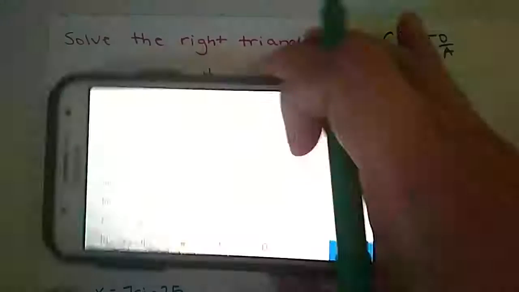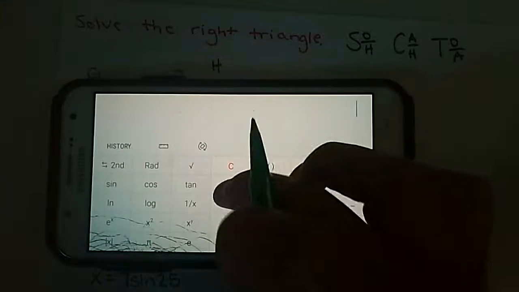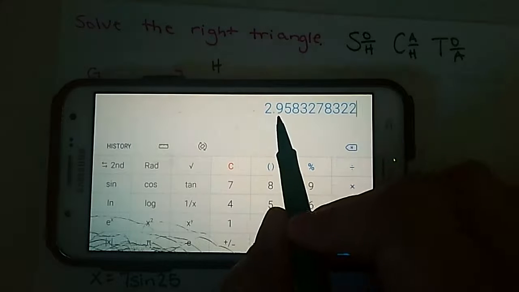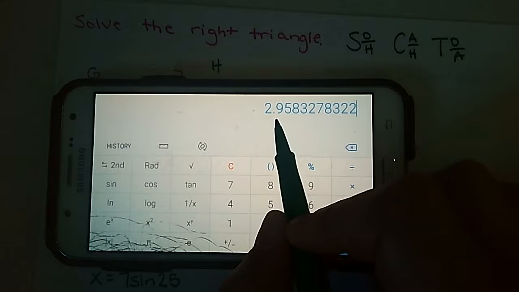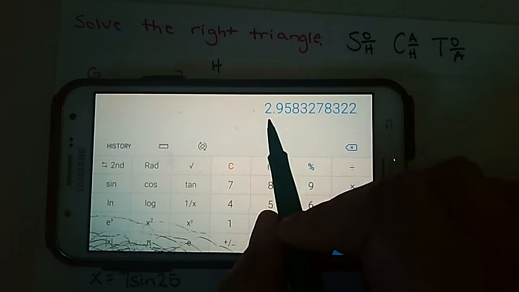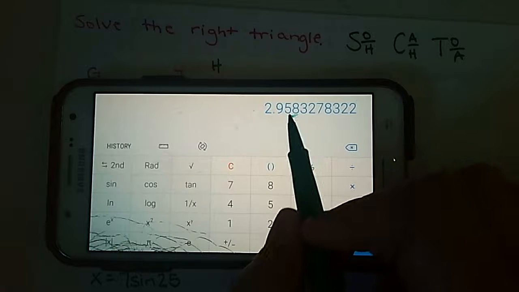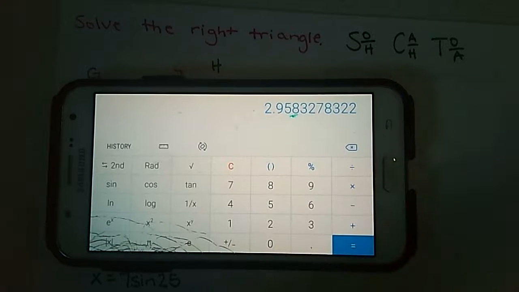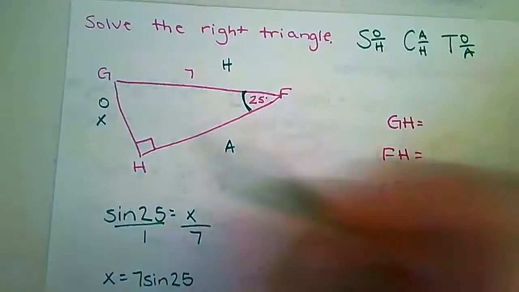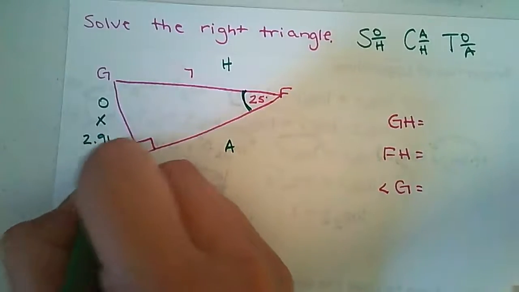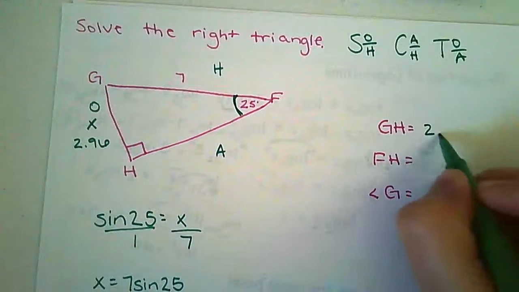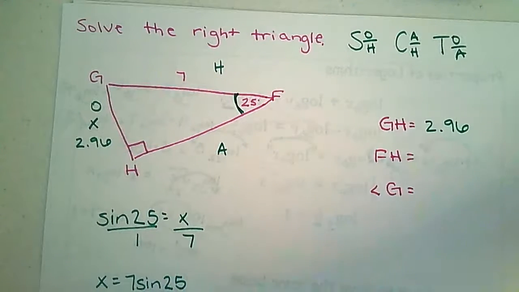I can just type it in exactly as it is. And I'm going to get, let's do 2 decimal places, 2.96, because it's going to round up. So this side length right here, GH, is going to be 2.96.